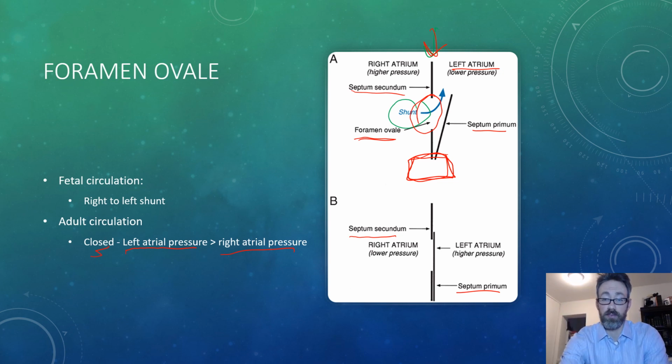Even though the foramen ovale is still there, it's blocked off by that trap door because of the high pressures from the left side. So there is no movement under normal circumstances from the left atrium to the right atrium. And over time, usually within 6 months or so after birth, the septum primum and secundum fuse together.